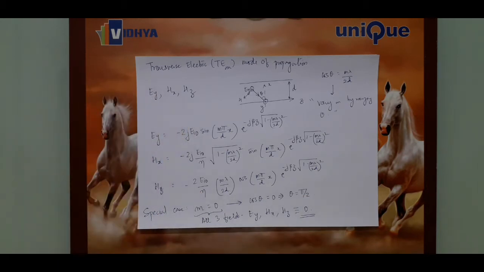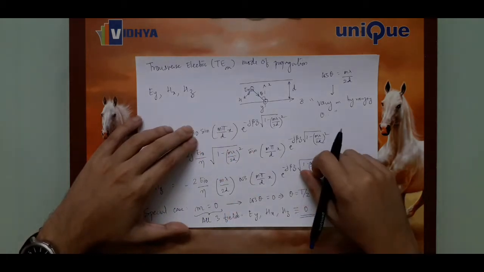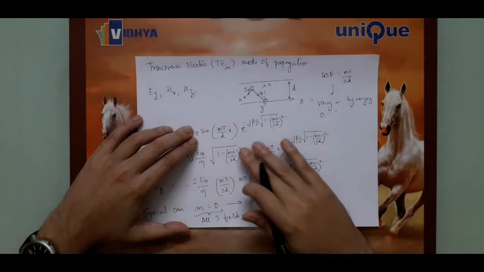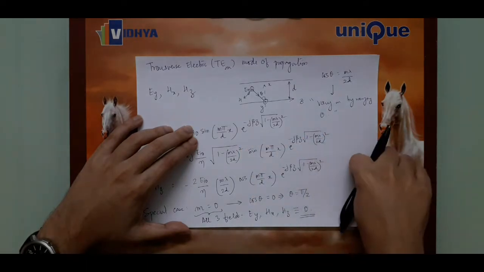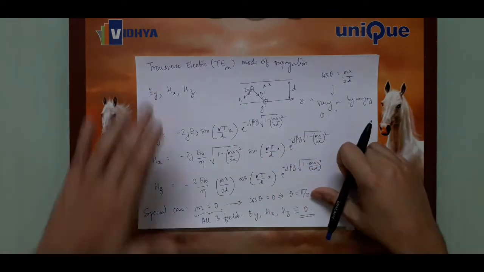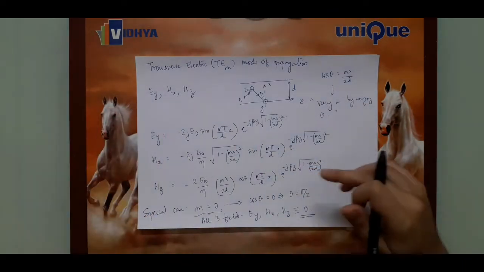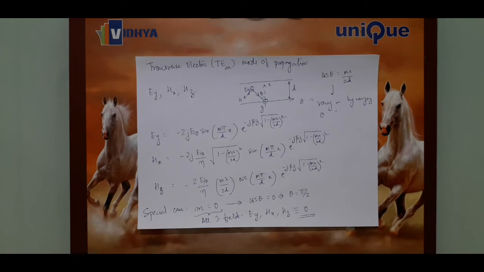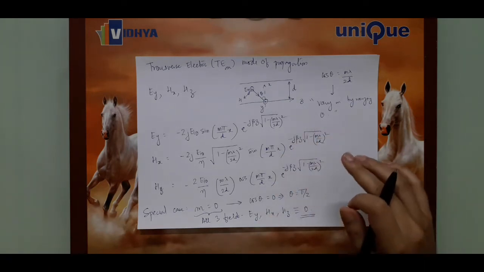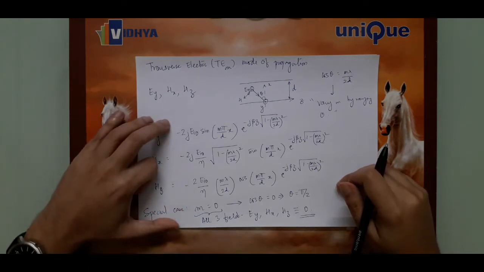Now this is the mathematical part. We saw that the moment we put m as 0, or if you want to put theta as pi by 2 in the expressions which have theta, that is, if you recall, we had represented these forms by eliminating theta. If you go back and put theta as pi by 2, you will get the same thing. So now this is the mathematical explanation.